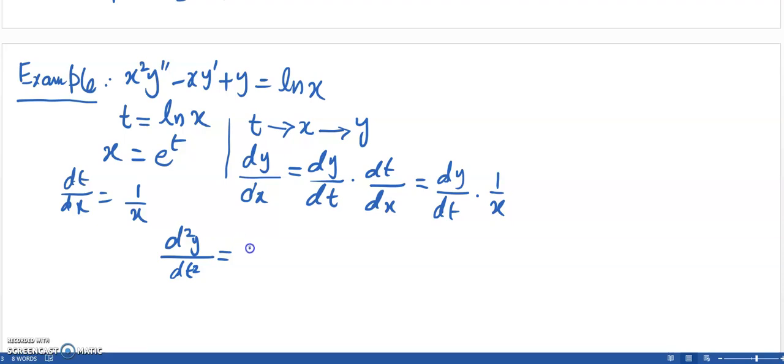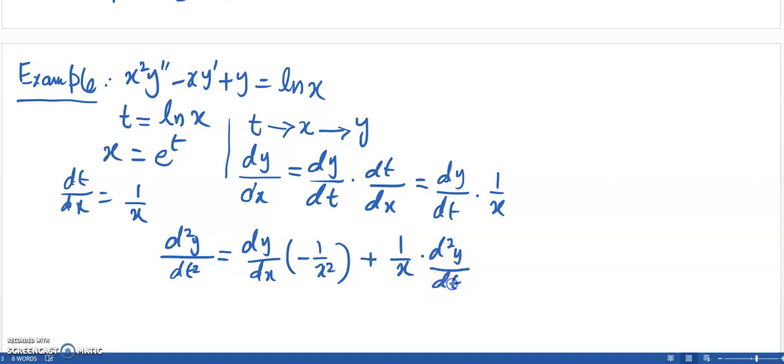So it means that dy over dt times the derivative of 1 over x, which will be minus 1 over x square, and then plus this 1 over x times the second derivative of y with respect to t, that will be d2y over dt square, and then the derivative of t with respect to x, dt over dx.